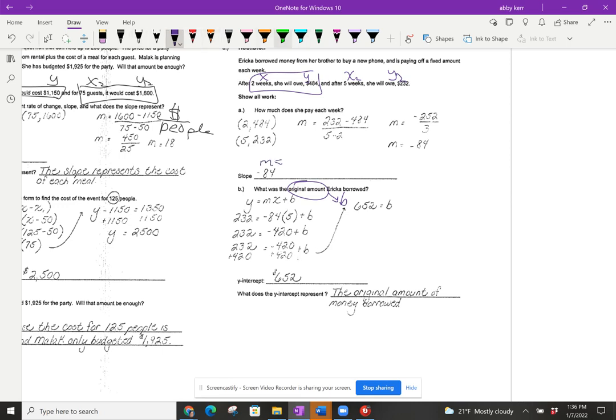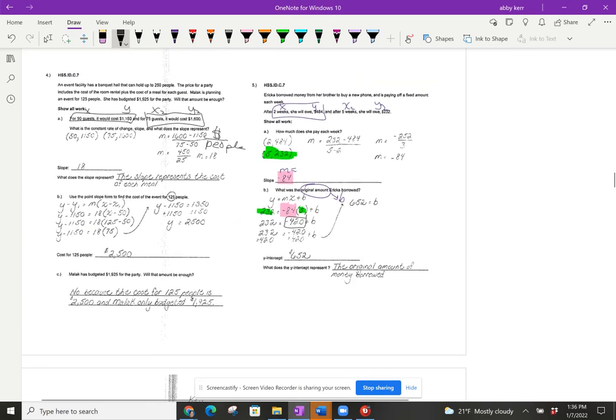Now you can choose any ordered pair you want. The answer key chose this. So this is your x value, this is your y value, and then this is your m. So that was the triple substitution. You multiply negative 84 times 5. That's where this negative 420 comes from. And then this is going to be a one step for the b value.